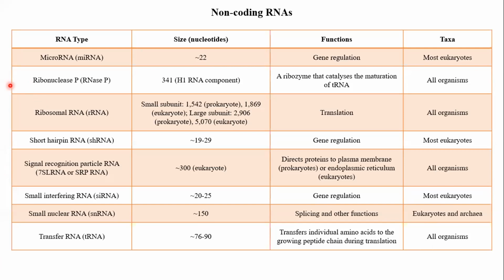Then the next non-coding RNA you already know is RNase P. This is the H1 RNA component and it is a ribozyme. This ribozyme catalyzes the maturation of tRNA. Remember what this RNase P does in maturation of tRNA? By any chance you recall the function of RNase P?